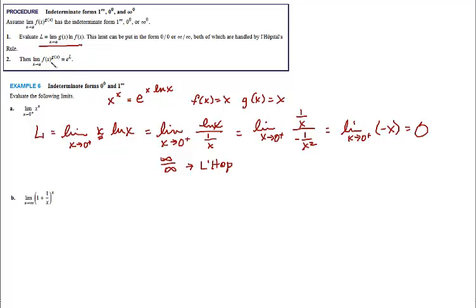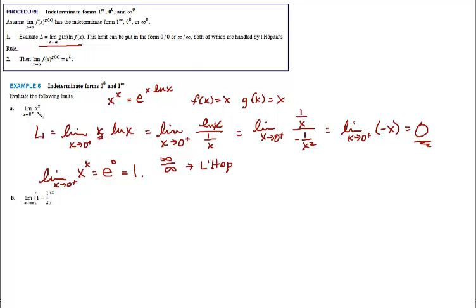Now there's another step to this. That's not your answer because you had to rewrite it. Your answer is the limit as x goes to 0 from the right of x to the x is going to be e to whatever number that you got here, and this happens to be 0, and there you have it.